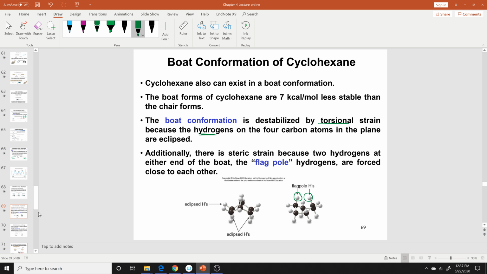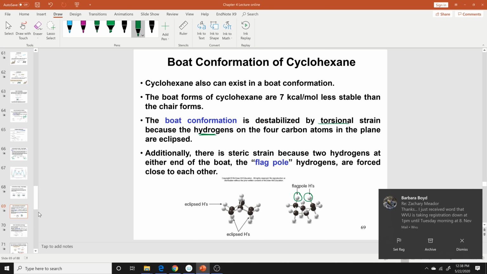They align with each other. And this eclipsing of the hydrogens is going to increase the energy of the boat conformation. So this is why the boat conformation is not considered to be a stable type of conformation for a cyclohexane. Why? Because it does have a high energy due to the eclipsing, due to the torsional strain of the CH bonds.